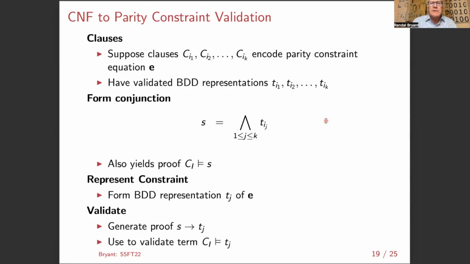We can do that by taking the TBDD representations of the clauses that encode that constraint, forming their conjunction, which is now a TBDD, and separately forming a regular BDD representation of the parity constraint, as we've shown with some examples before, and then using an implication proof to validate that this BDD representation of the parity constraint can be trusted.